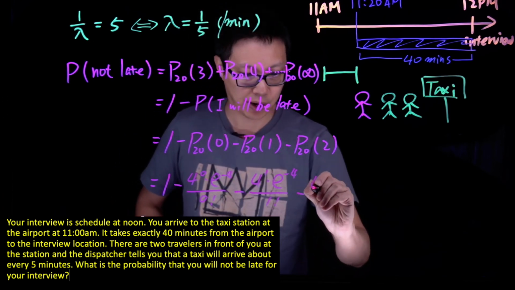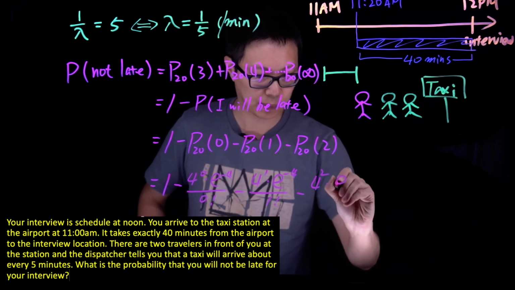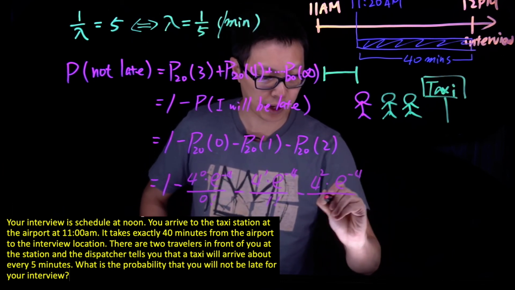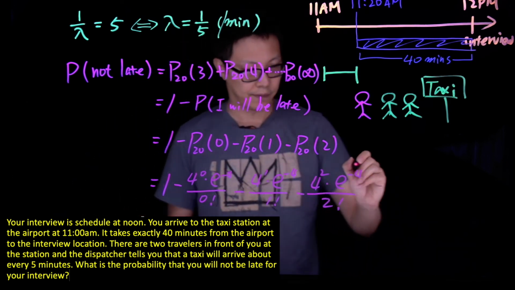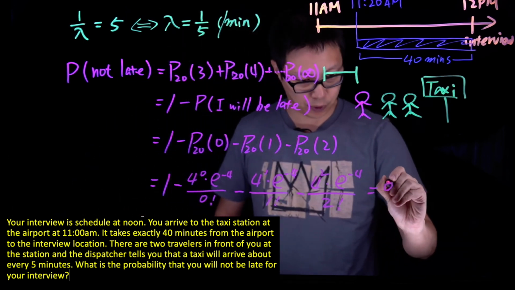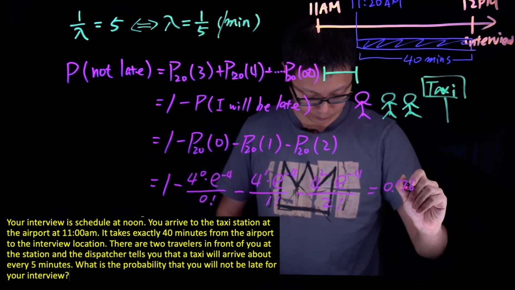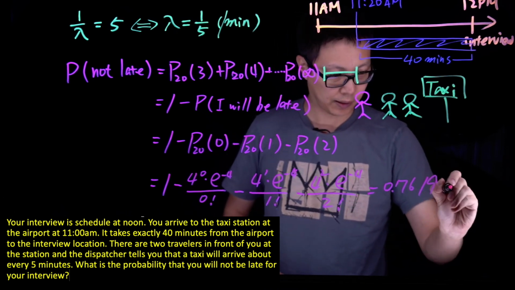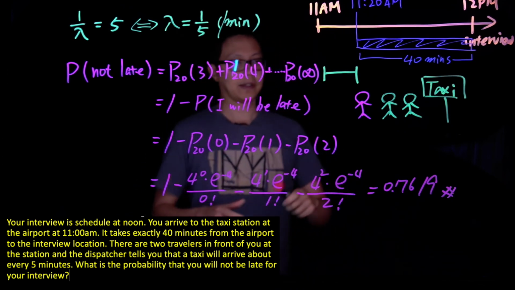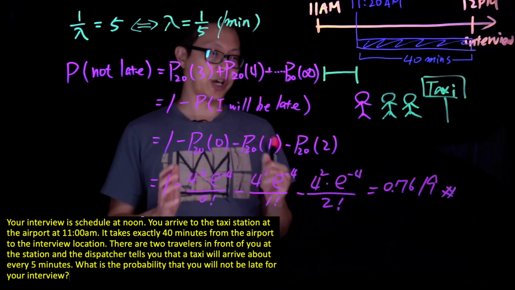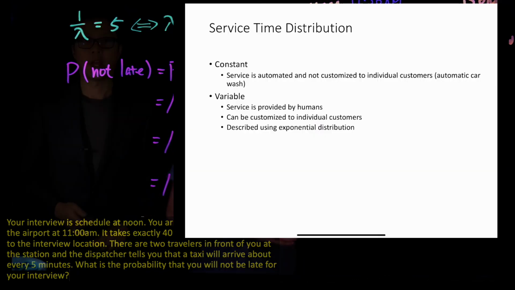Subtract by 4 squared exponential negative 4 over 2 factorial. And the final answer will be 0.7619. Okay, so 76% chance that you will not be late.